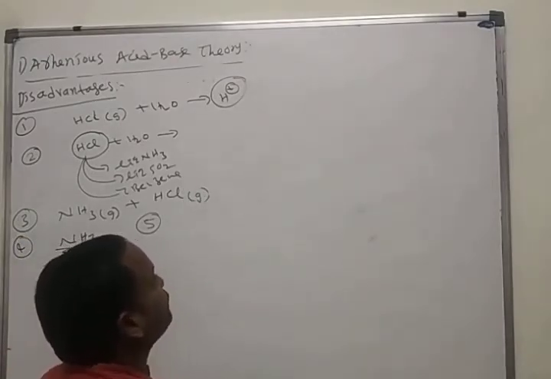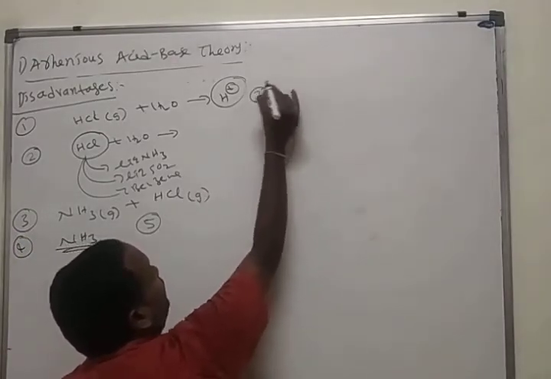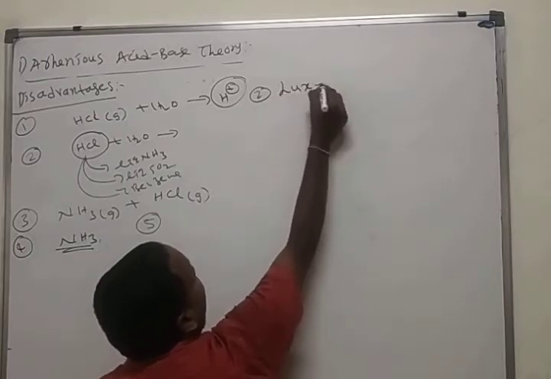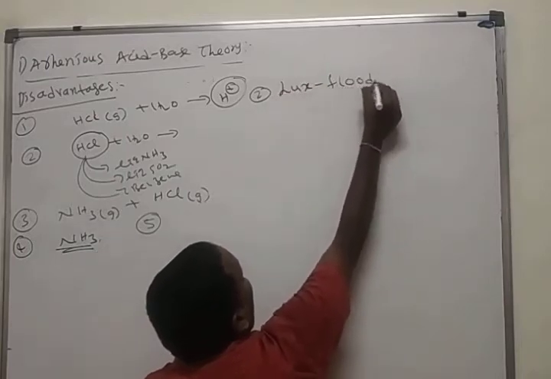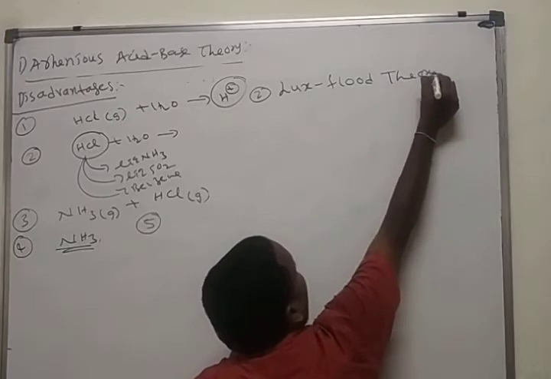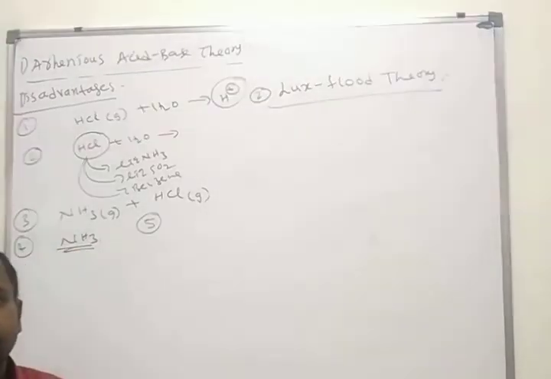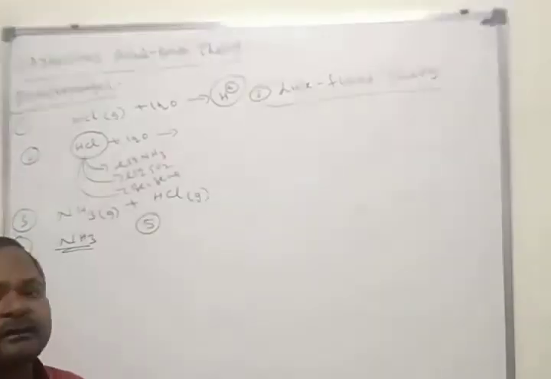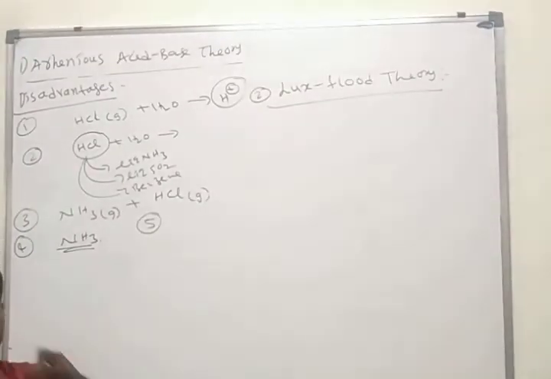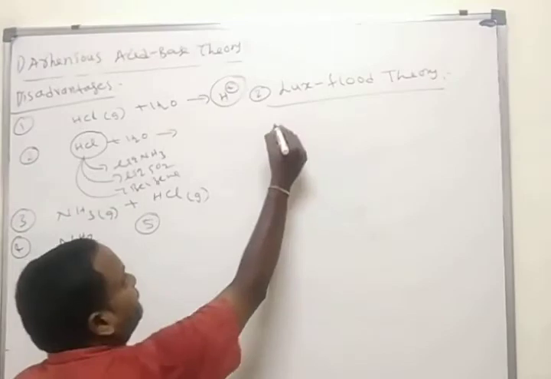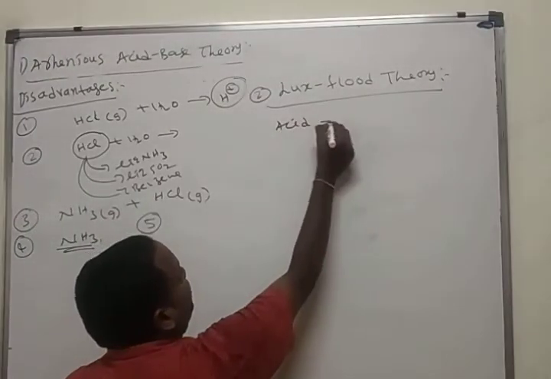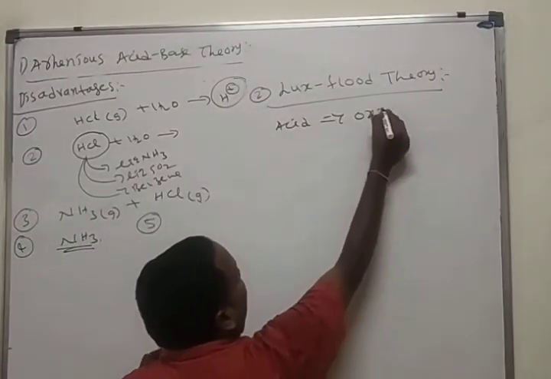In continuation, we'll see one more important theory, the Lux-Flood theory. This is a small concept. According to Lux and Flood, both scientists, an acid means an oxide ion donor.